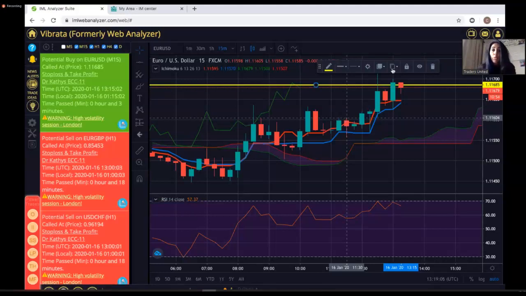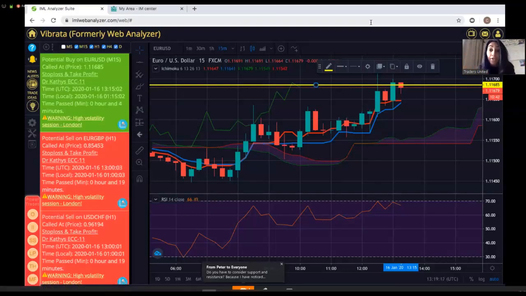So while we're waiting for this very quickly, guys, another thing that I would say is open up a separate broker account just for ECC11. I want to make that very, very clear, because if you're going to use these rules, you need to make sure you're not taking other trades along with ECC11. Why? Because I don't use a stop loss.